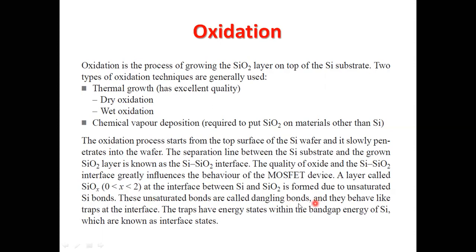They behave like traps at the interface. These traps have energy states within the band gap energy of silicon, which are known as the interface states. I hope dangling bonds, oxidation, and the types of oxidation are clear to all of you. Let us move forward to the next slide.